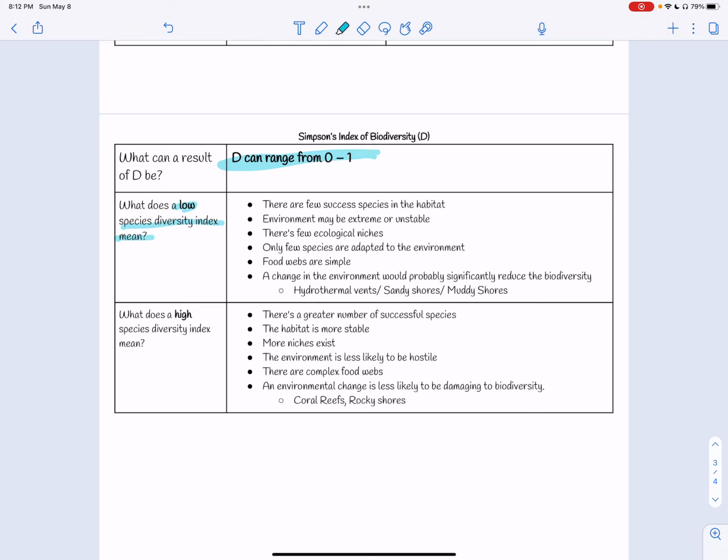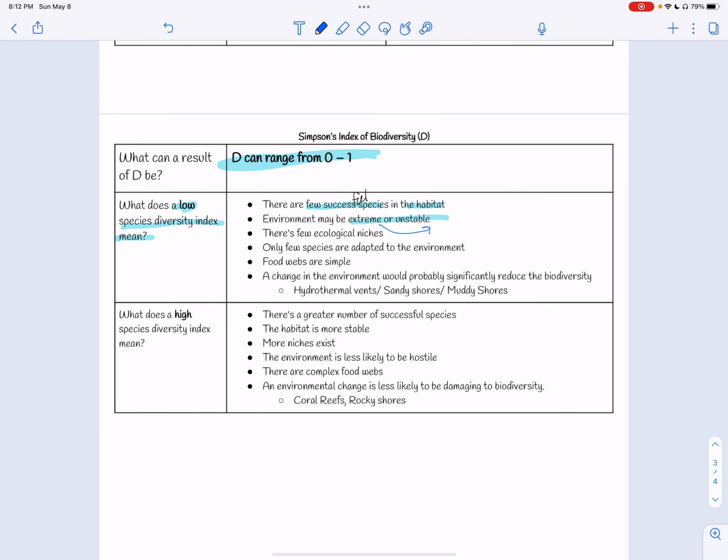All right. So if it's a low biodiversity value, then we're going to assume that there's very few successful species in the habitat. The environment could be extreme or unstable.